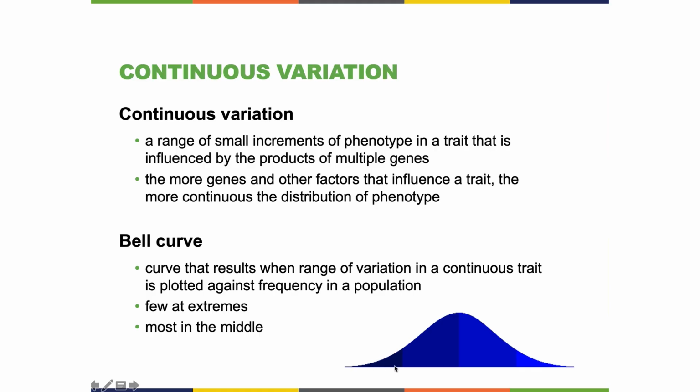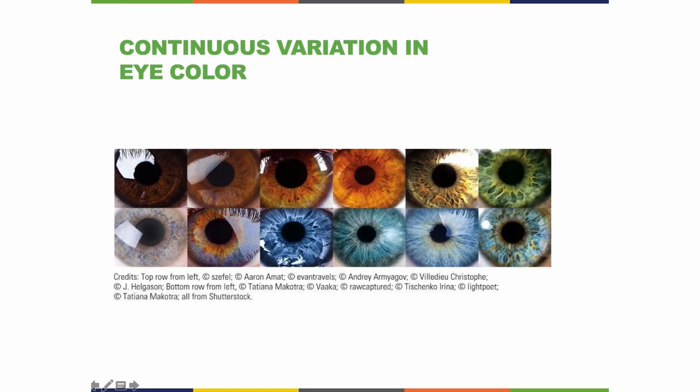So if we're talking skin color, very few really, really dark, very few really, really light, and most people somewhere in this middle range. That's what we normally see in continuous variation, and we can see this in eye color. Eye color is another phenotypic trait that's controlled by multiple genes, and there's a variety of eye colors from really, really dark to really, really light, and we see that same variation.